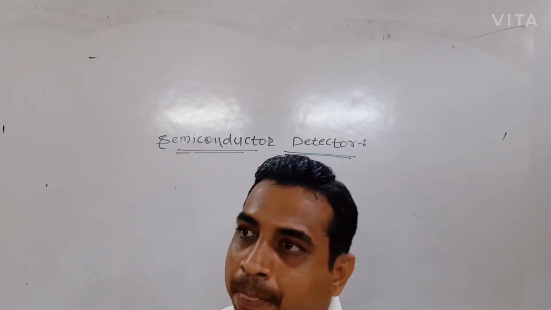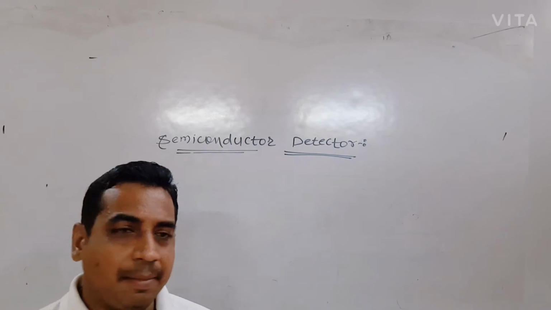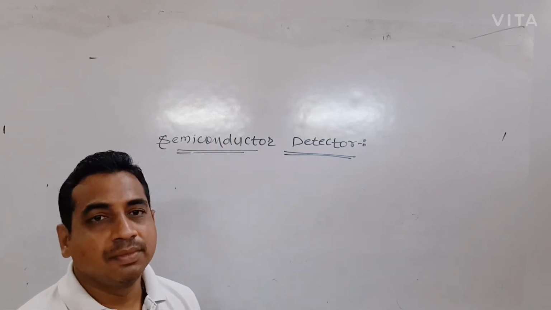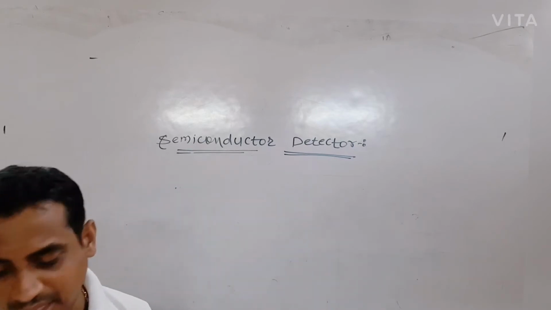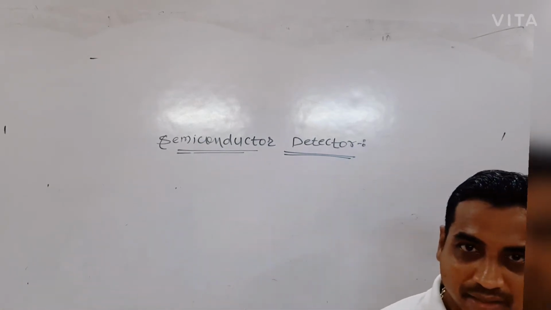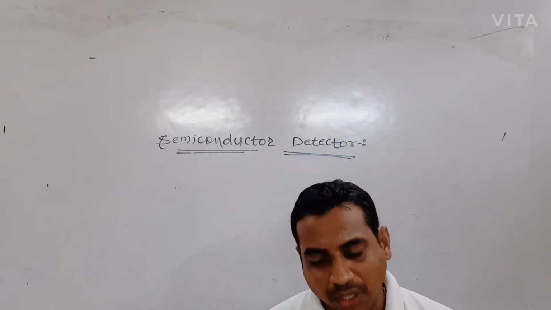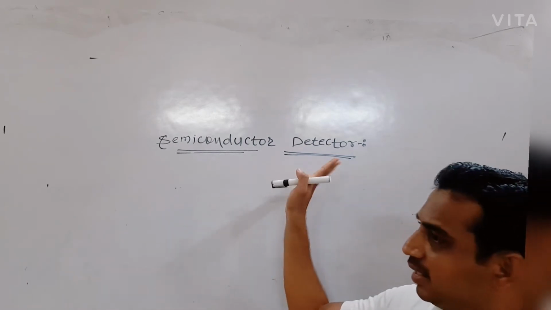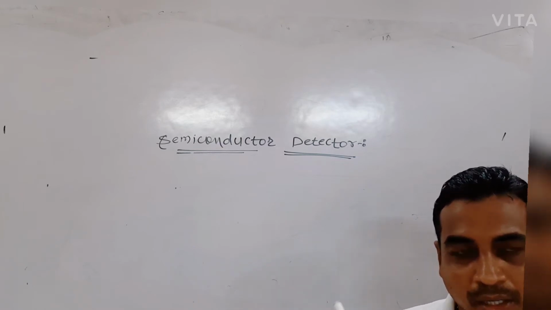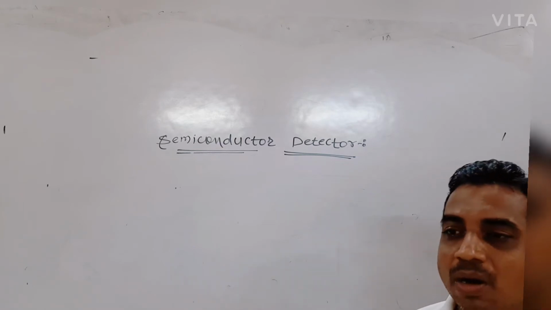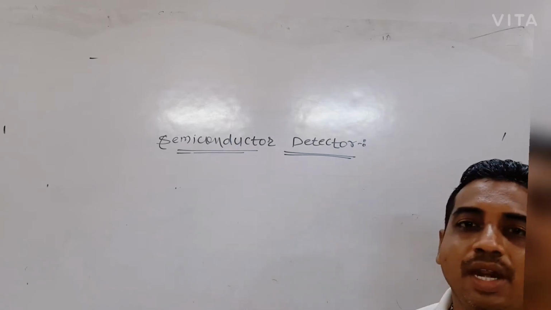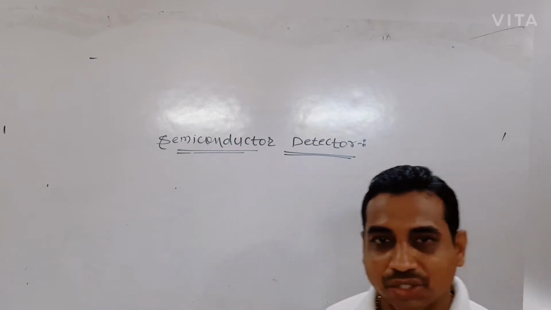We know the semiconductor is one kind of solid state, that's why these are solid state nuclear detectors. The function of these detectors is the same: to count or detect the radiations which come from the radioactive elements.